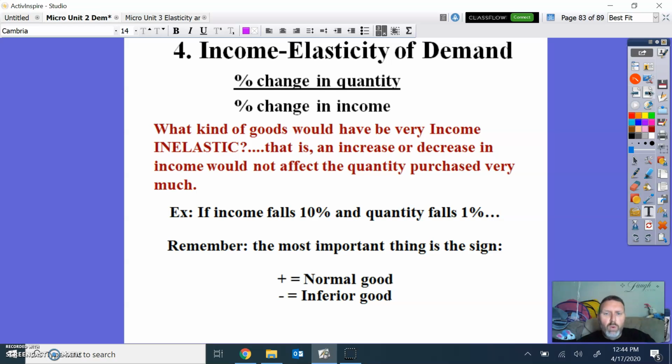This is really important, guys, because it lets producers know what kind of goods would be very income inelastic. That is, if there's an increase or decrease in income, it's not changing what people are buying. Especially those goods that we talked about before that are very inelastic.